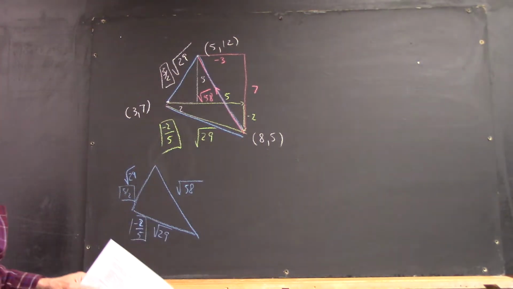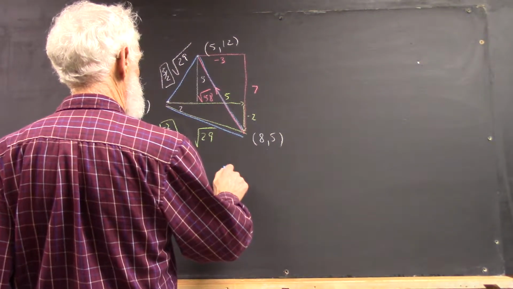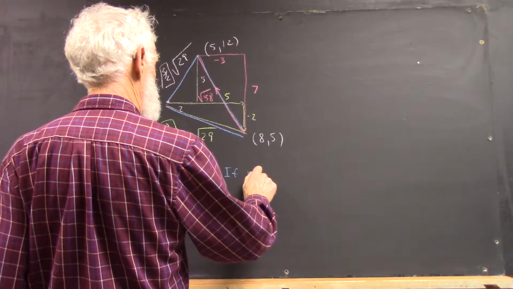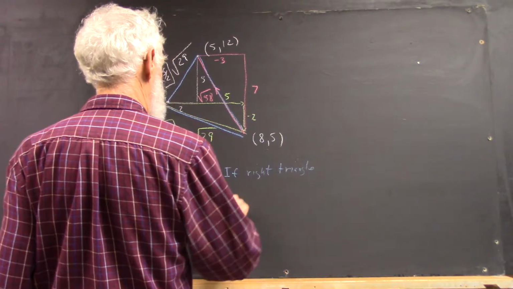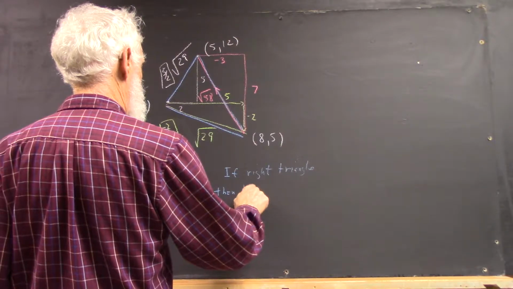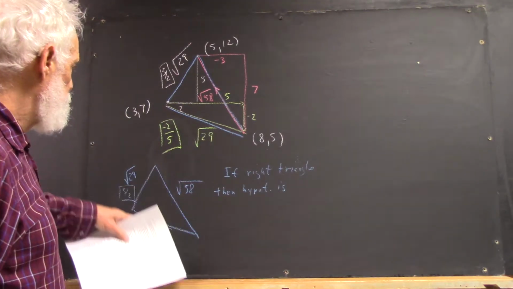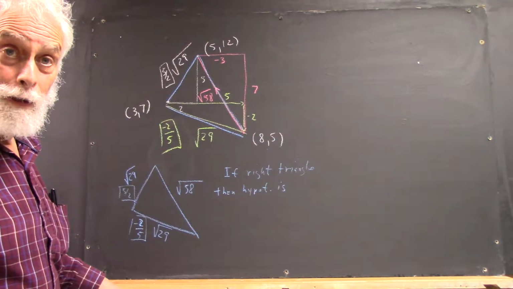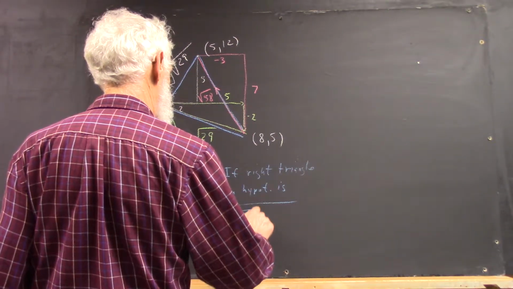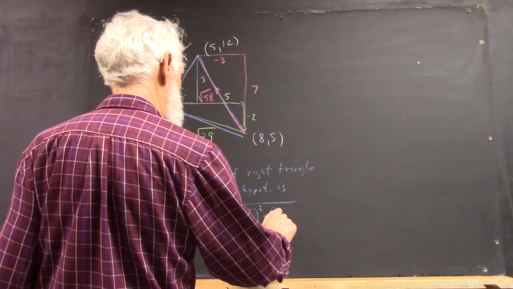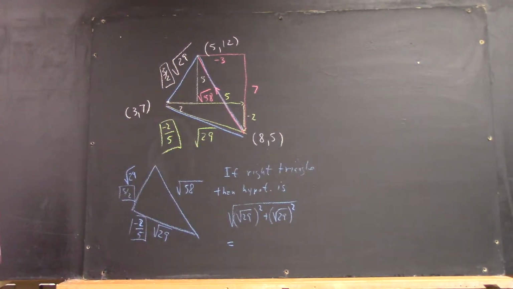So if this is a right triangle, what should its hypotenuse be? Well, the hypotenuse is the square root of the sum of the squares of this side and this side, right? Okay? What does that give us?